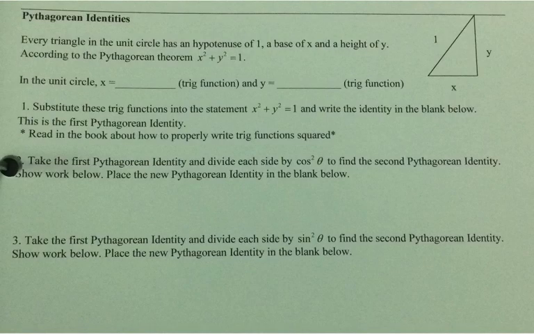Can you guys remember going over the Pythagorean identity? The first one? What was it, if you remember it? That's it. Sine squared plus cosine squared equals 1. All right, we found that by looking at a triangle on the unit circle.